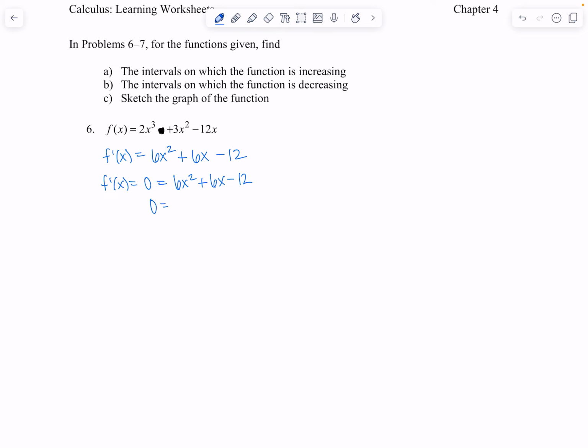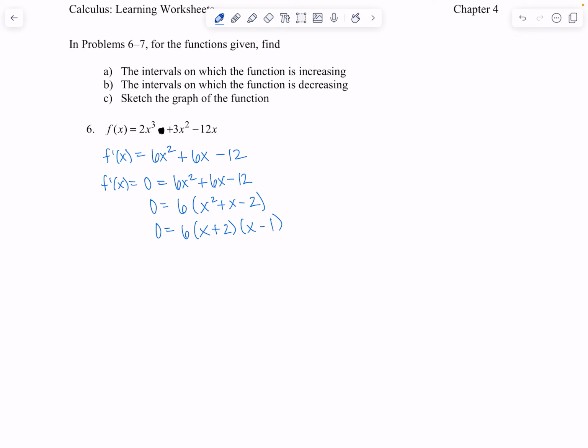So first let's factor out a 6. And then we will factor x and x, 2 and 1, positive, negative.